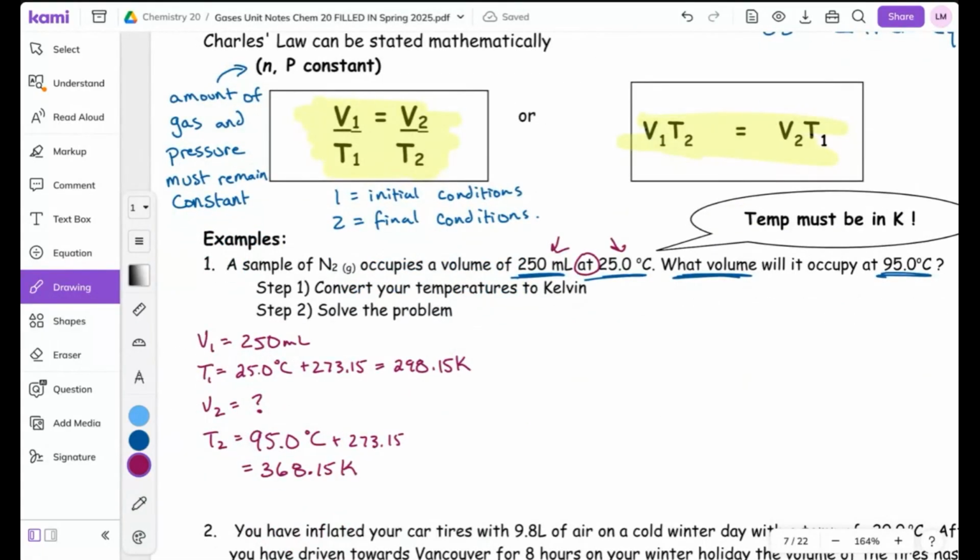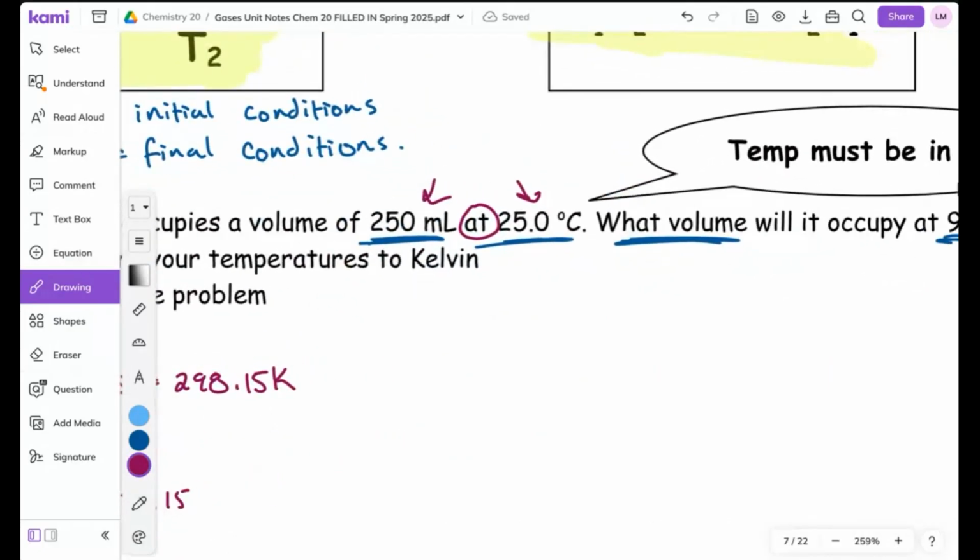All right. So what I'm going to do is use the formula that students have a bit easier time with. So V1, T2. The trick with this form is that you've got to remember the initial and final conditions are mixed and matched. It's not all the ones on one side and all the twos on the other side.